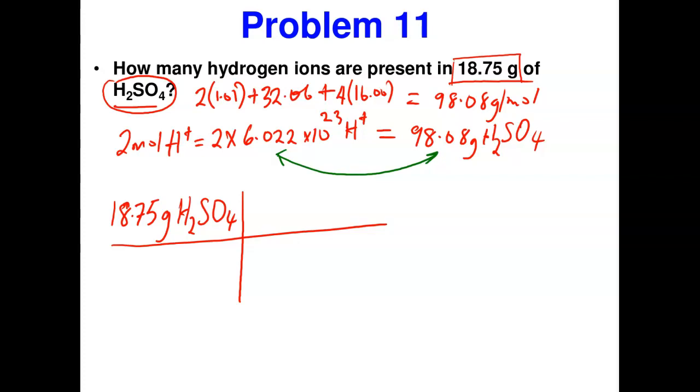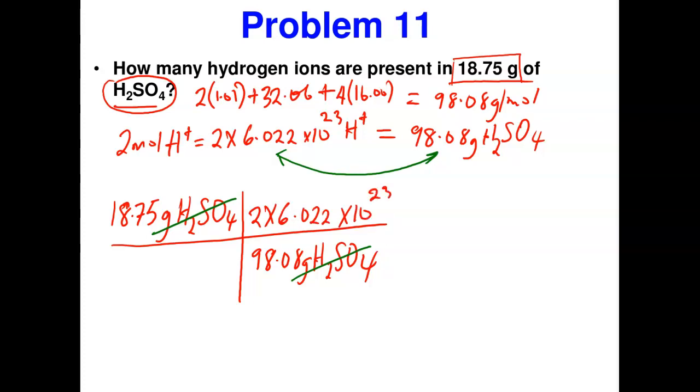This goes under, so this is 98.08 grams of H2SO4. Let's cancel first to make it easier. Grams of H2SO4 goes away with grams of H2SO4, and we now have 2 times 6.022 times 10 to the power of 23 hydrogen ions.